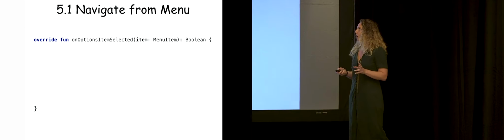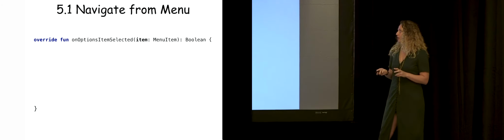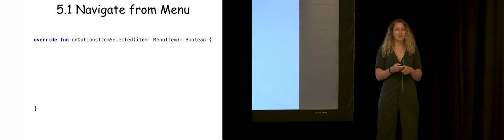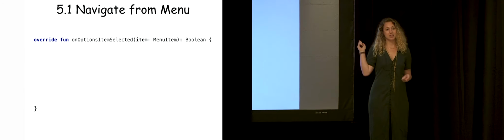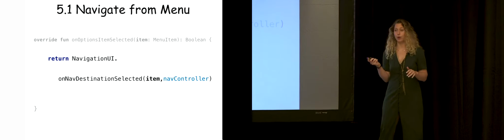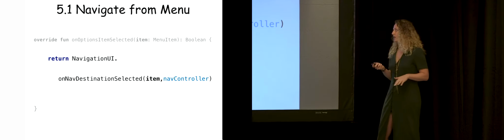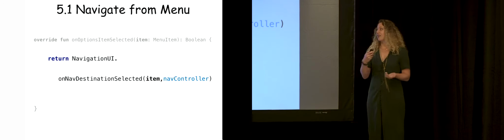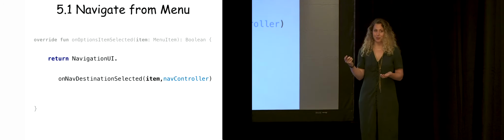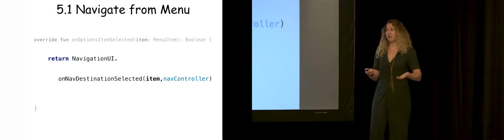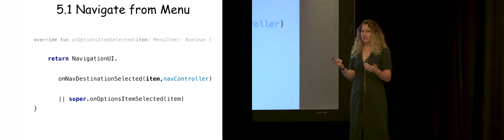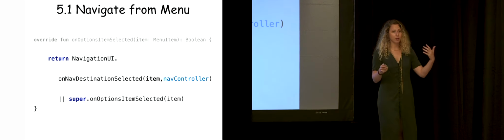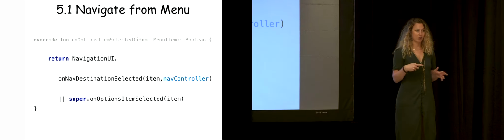And then in your code, on option item selected, if the ID matches a destination on the graph, it would know how to do the navigation for you. So you ask the navigation UI, please, if you find an item with the same ID, do the navigation for me. And of course, if it doesn't find it, you call the super method, and it would take care of it for you.